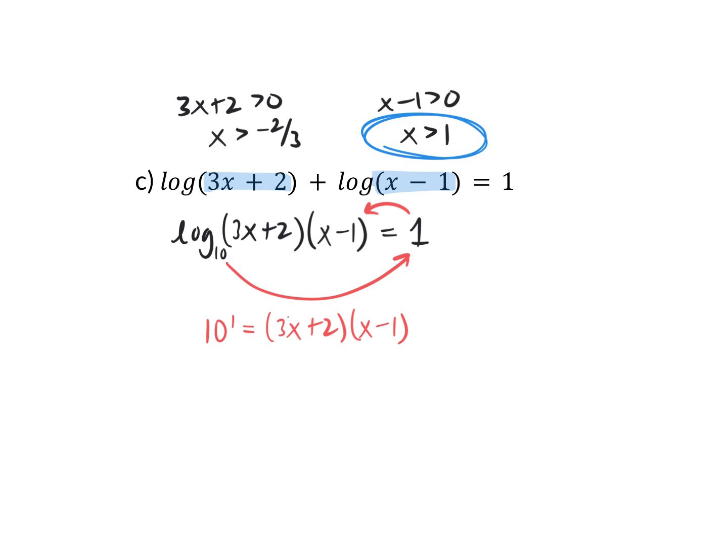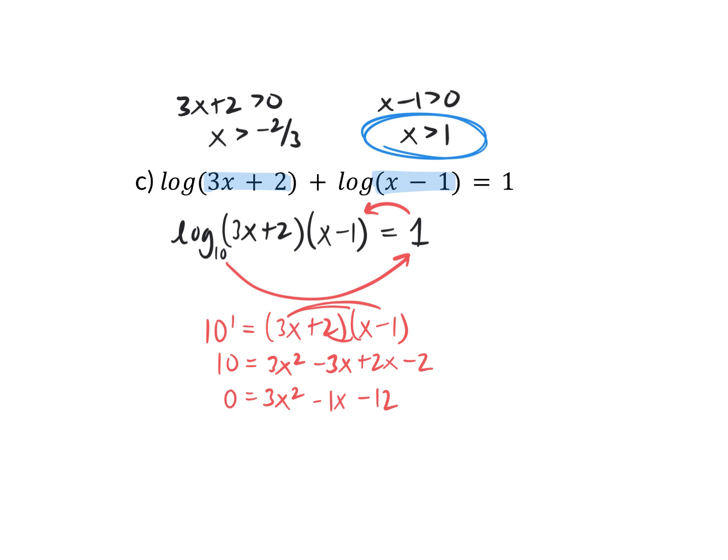Okie dokes. So now I'm going to go ahead and distribute. And since I've got a quadratic, that means we're probably going to have to factor to solve. So I'm going to move this 10 over. Okay.